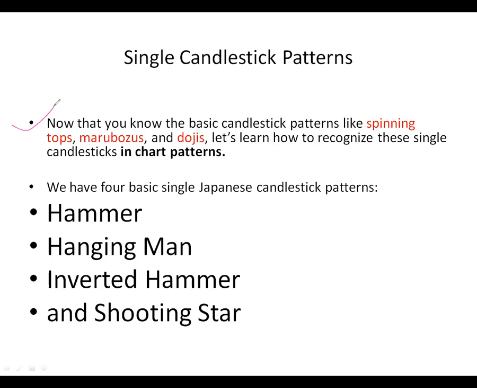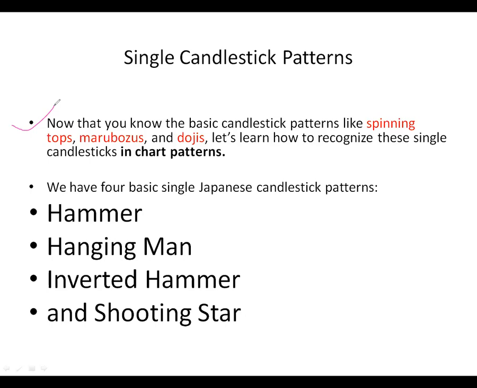And these names have meanings. Hammer has a meaning. Hanging man has a meaning. Inverted hammer has a meaning. Shooting star has a meaning. So yes, it is a doji candle, all right. But that doji candle is now called a hammer because of where it is found on the chart. Am I making myself clear?